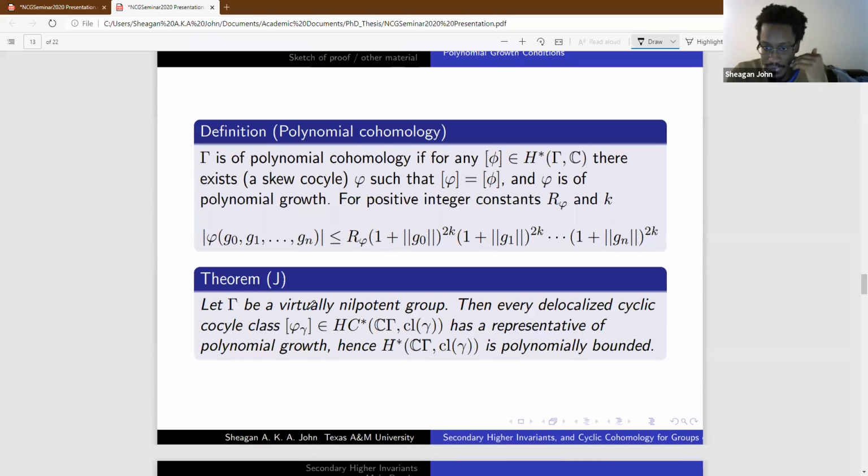And so a second main result, or supporting result, here is that if we have gamma, which is a virtually nilpotent group, and we take any delocalized cyclic cocycle class, then it's going to have a representative of polynomial growth. And in such a case, we say that our delocalized cyclic cohomology is polynomially bounded.